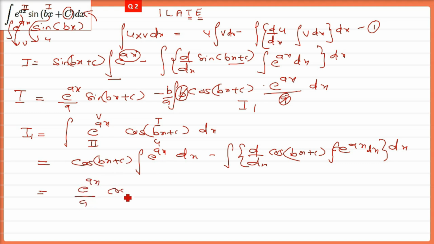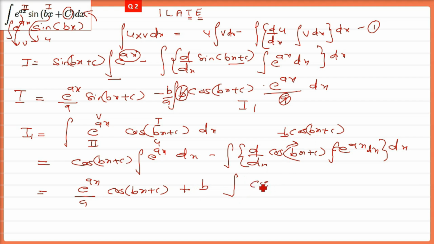Cos bx plus c remains unchanged, minus d by dx of cos is what? Cos is minus sin x. Differentiation of cos x is minus sin x. So I'll just change the sign, because when it comes as negative, cos bx plus c, this negative we can take outside, it will become positive, and this b I can take outside.